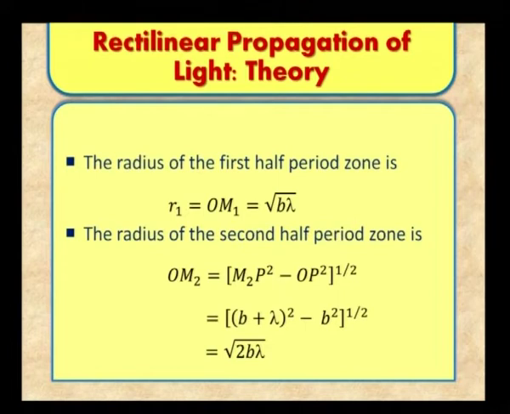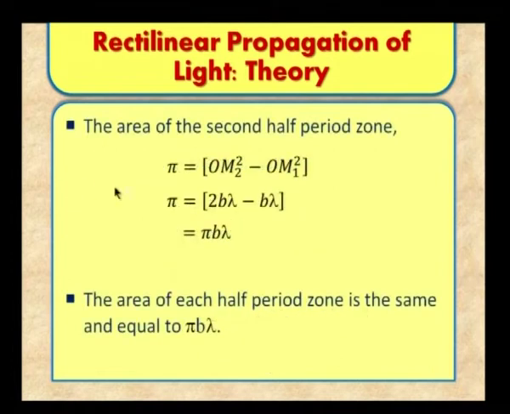That is p plus lambda to the power of 2 minus b square to the power of 1 by 2, that will be the square root of 2b into lambda, the natural numbers. So Ym1 is b into lambda to the power of half, Ym2 is 2b into lambda to the power of half. The area of the second half period zone will be the difference between the two, right.